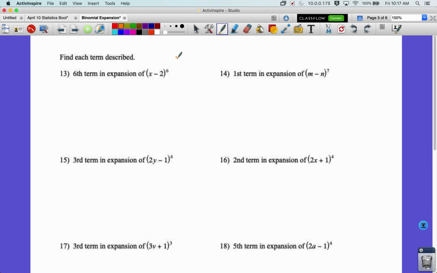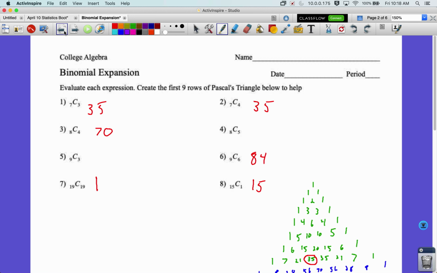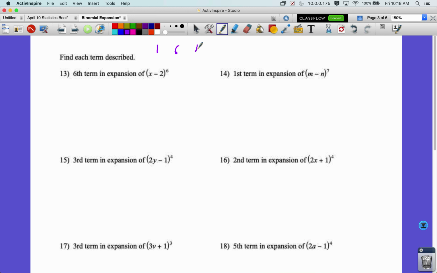So we can just ignore that for a second and say the sixth term is the sixth number over in Pascal's triangle. So I need the sixth row of Pascal's. That goes 1, 6, let's see, 15, 20, 15, 6, 1. So the sixth term is going to be 1, 2, 3, 4, 5.